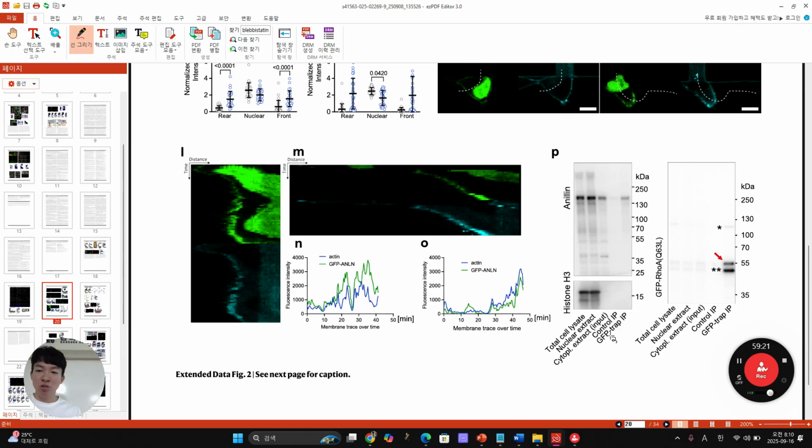And they control with a GFP-trap IP. From this GFP-trap IP, which means GFP-trap anillin, from the anillin you can detect RhoA, because in all these experiments they want to say that anillin could be a kind of sponge scaffold to sequester RhoA. This is their concept.